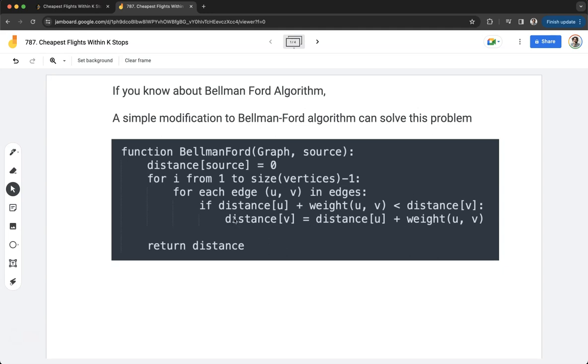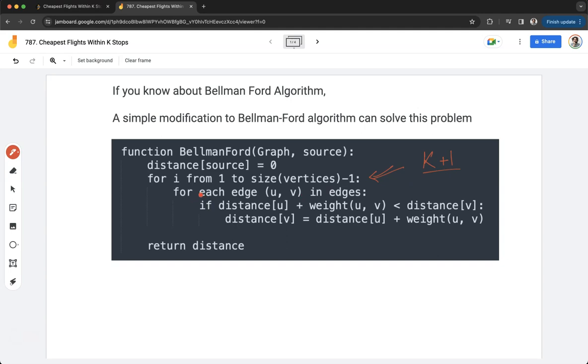So this inner for loop is checking all of the edges and is updating the distance for the node on that edge. The distance of v is getting updated, and it's doing this n minus 1 times. You just need to modify this algorithm, for example, modify this one and just do that k or k plus 1 times.